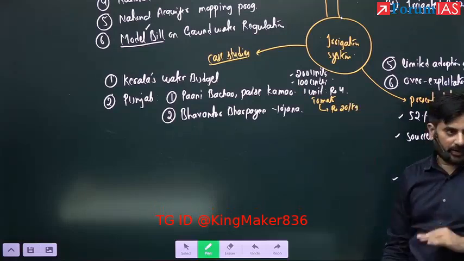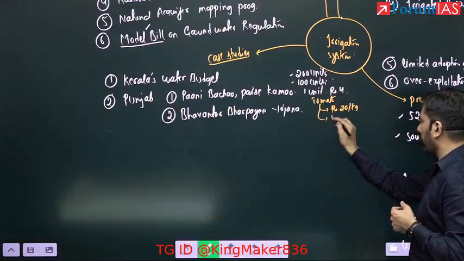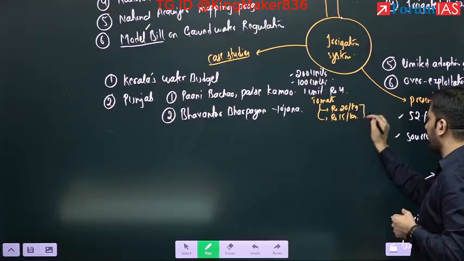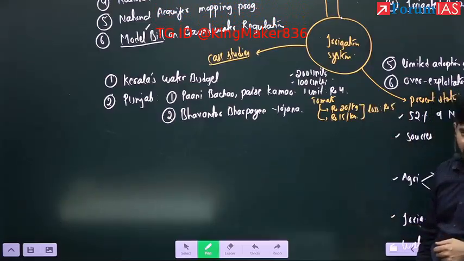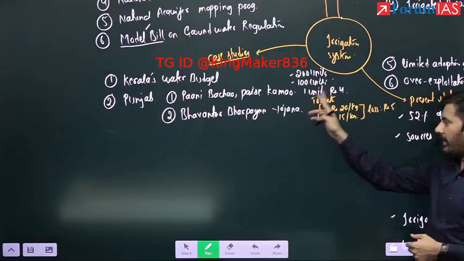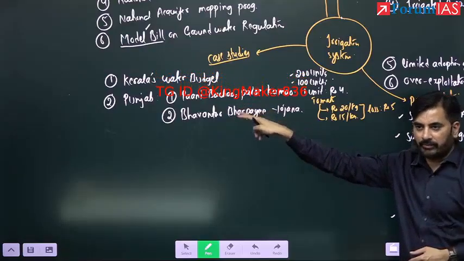This is an assured price. I am a farmer. I have sold tomato at rupees 15 per kg. It means I have incurred a loss of rupees 5. Whatever loss I have incurred, that entire loss is compensated by the Punjab government.